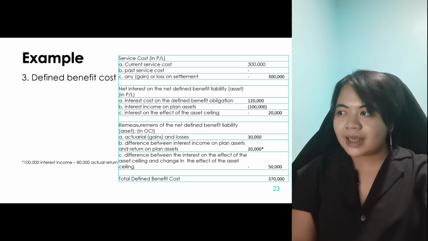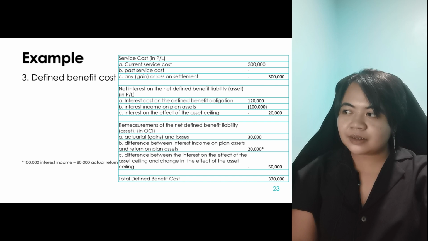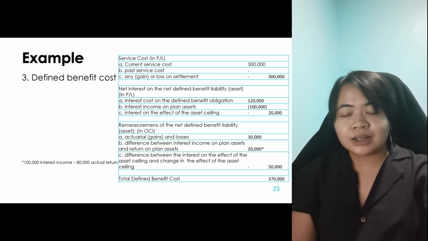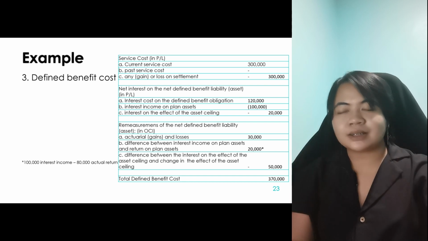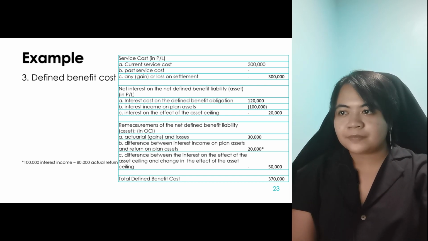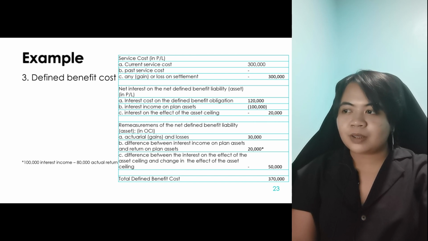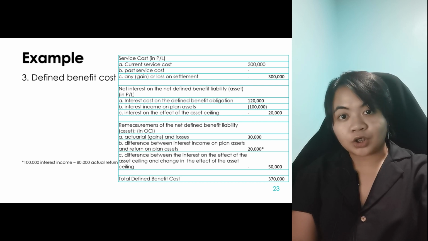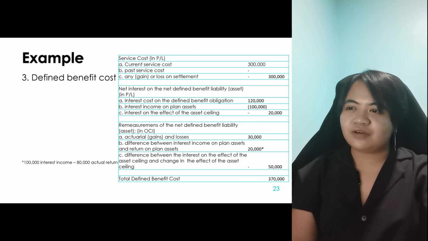Okay? In this case, mas malaki yung expected mo kaysa yung actual. So, cost pa rin siya. Okay? So, kaya hindi siya naka-parenthesis. Cost. Okay? Yan. And then, add mo lang yung dalawa, 50,000. So, para makuha mo yung total, add mo lang 300, 20, 50, 370. Okay? So, yun po yung sa defined benefit cost.